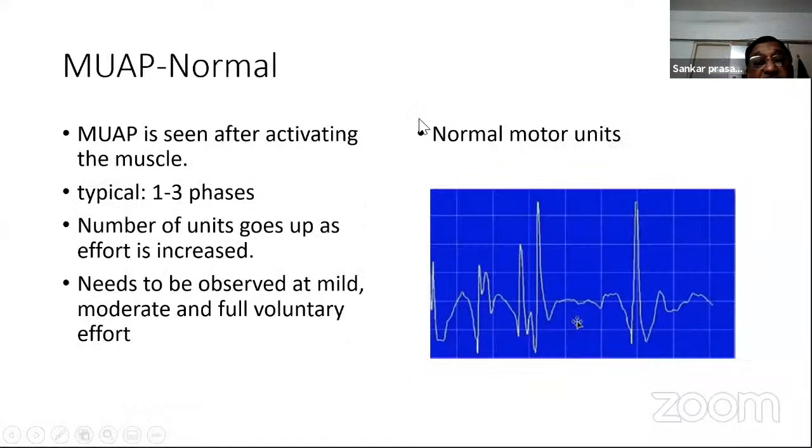And so now MUP is seen after activating the muscle. You ask him to contract slowly, and typically MUP has got 1 to 3 phases. The number of units goes up as the effort is increased. That's called recruitment. It needs to be observed at mild, moderate, and full voluntary effort, when we can see the interference pattern also.